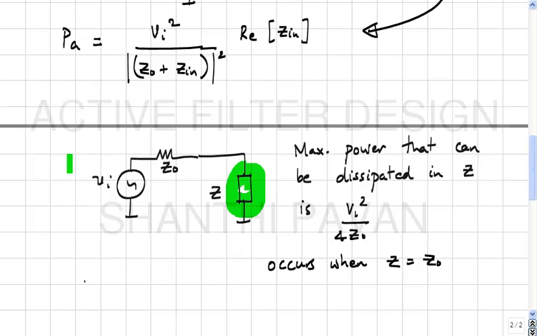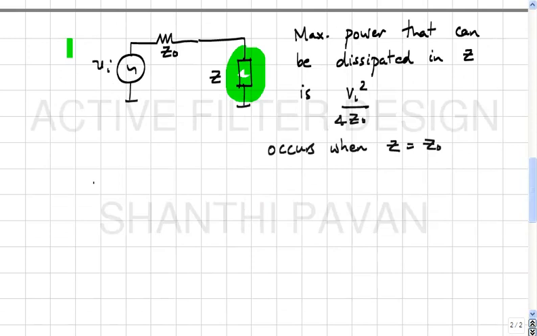Is that clear? Okay. Now, let's try and figure out what this is. Vi square by 4Z0 is the maximum power that can be dissipated in Z. Now, the power absorbed in Z is how much?